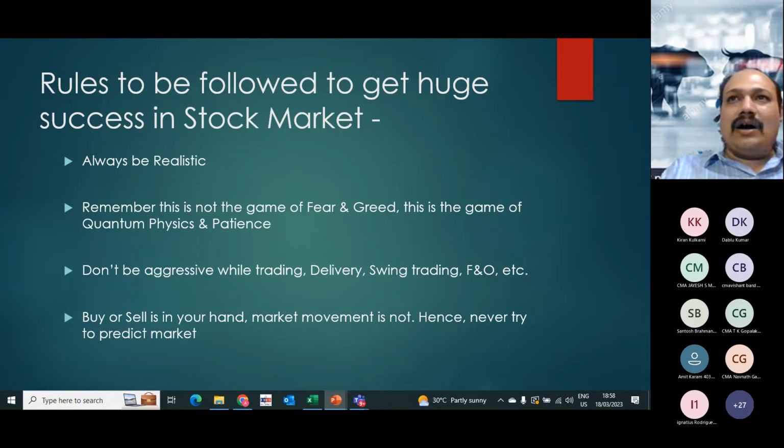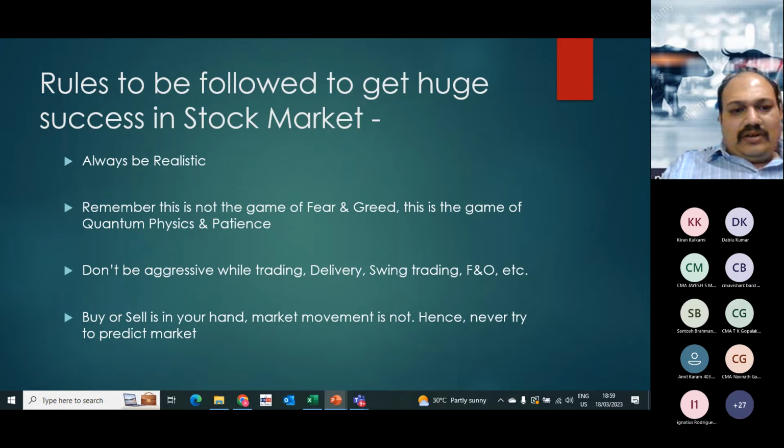Because आपको अगर पता है कि आपको बैंक की एफडी 6% या 7% से ज्यादा नहीं देने वाली है, and if you are getting 10% in the span of 1 week, then आपको क्यों रोकना है वो प्रॉफिट? Only by thinking that I'll get more, just ignore it. Be realistic. Just book that and exit. Reinvest your money in another stock.